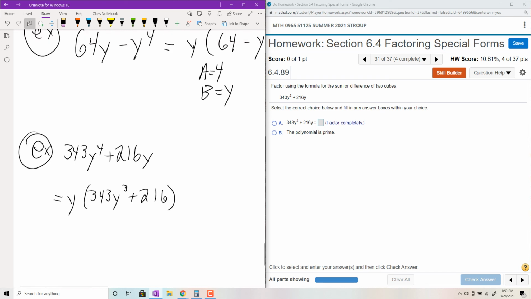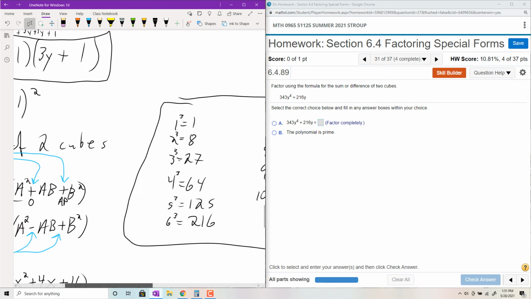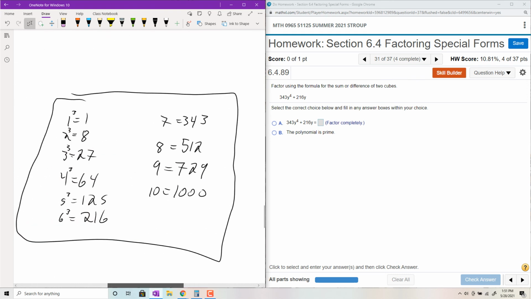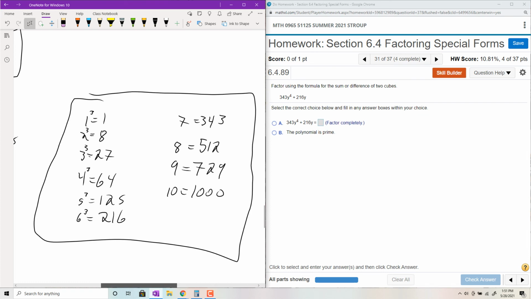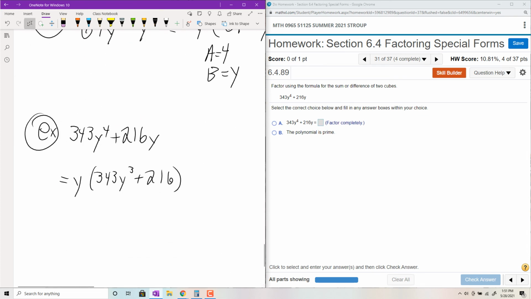And then if you look at your list of perfect cubes, those seem like perfect cubes to me. 343 is 7 cubed, 216 is 6 cubed. Okay. So in this case, A will be, what did I say? 7y times 7y times 7y is 343y cubed, so A is 7y. And then the B will just be 6. Okay.